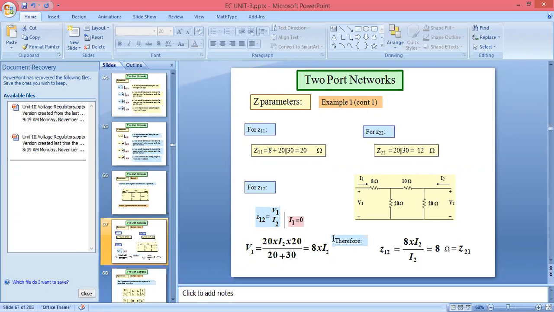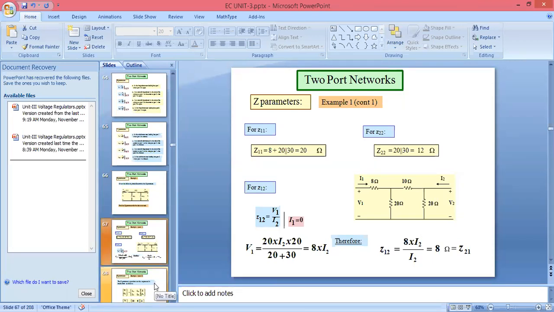We can use Ohm's law, V equal to IR. So I have written here I2 into R, and this R is nothing but 20. So we can write 20 into I2 into 20 upon 20 plus 30. You will get this equation. Like this, you can solve for Z12, and you can solve for Z21.